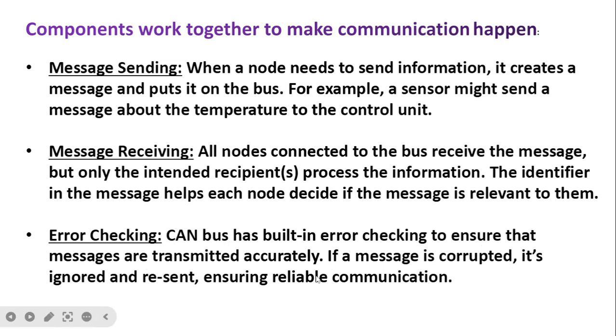If a message is corrupted, it is ignored and resent. Means if any message is sent from a sub ECU to the main ECU, it checks whether it is received or not, whether it is damaged. If it is not received, it takes action itself, right?